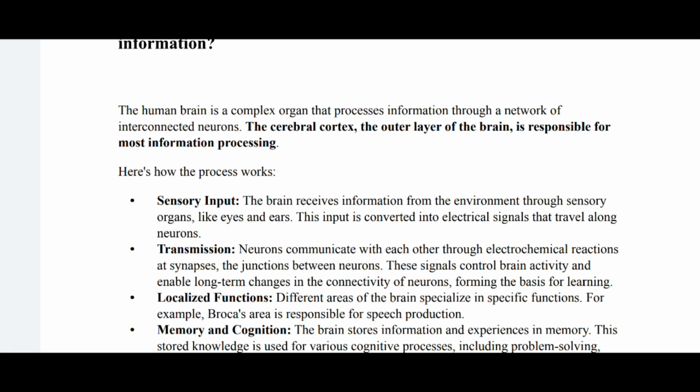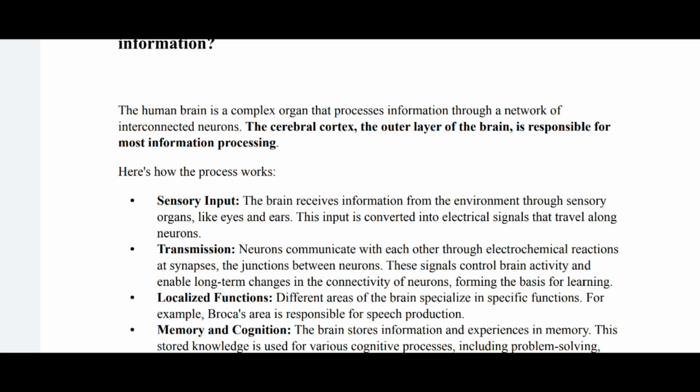Our brain has a lot of neurons, just like a computer has neural networks such as CNN and RNN. The brain is one of the most complex organs with a huge number of neurons. The cerebral cortex, the outer layer of the brain, is responsible for most of the information processing.